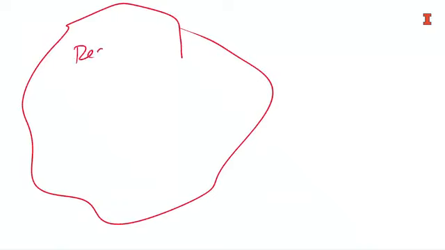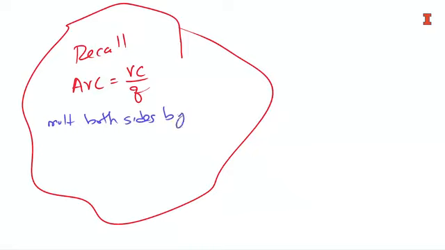Recall that if I wanted average variable cost, I knew that would be variable cost divided by output. If I multiply both sides by Q, I get quantity times average variable cost equals variable cost.